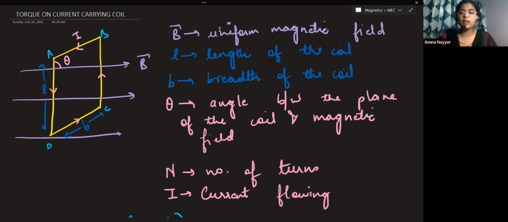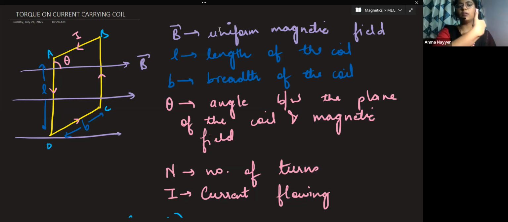Place your fingers in the direction of current and curl your fingers towards the magnetic field. So even I could have kept it like this because this is the direction of current that is flowing, but I won't be able to curl it towards the magnetic field. So what did I do? If I keep it like this, again current is flowing in this way, and now if I curl it towards the magnetic field, I'm curling it rightwards.